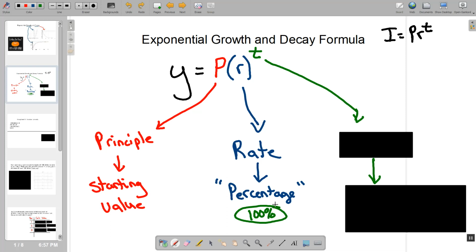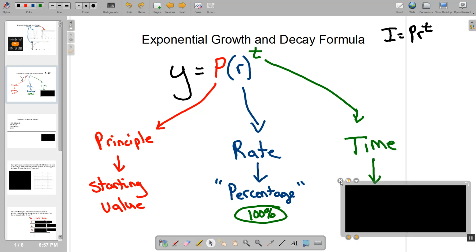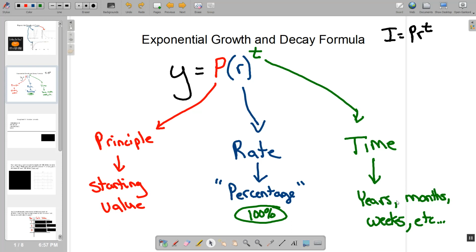So you always want to root it back to 100% increase or decrease from there. And then finally the T, probably the one that you could have guessed on your own, stands for time. But it's very important to know if we're looking at years, months, weeks, that type of thing. It's very easy to mix those up.